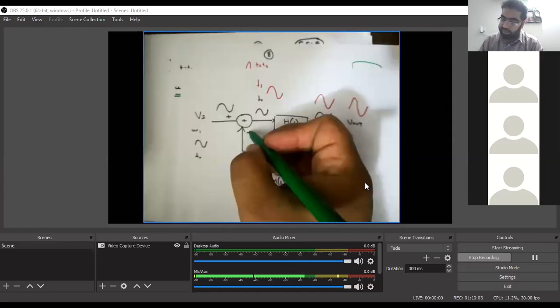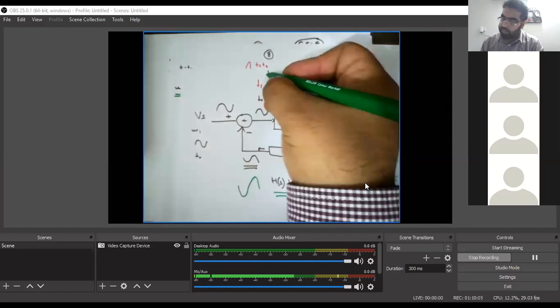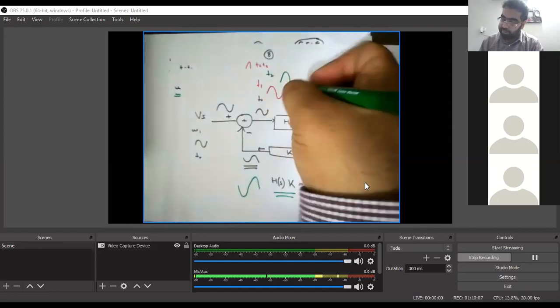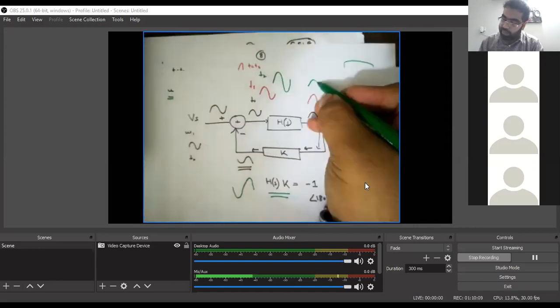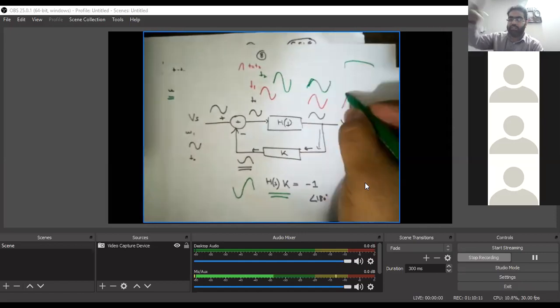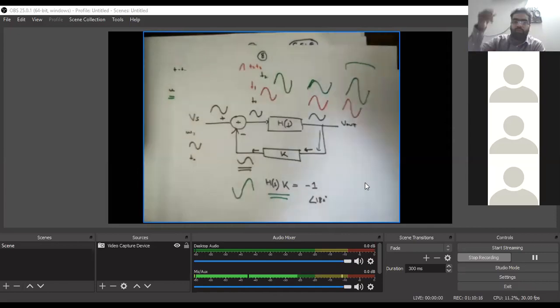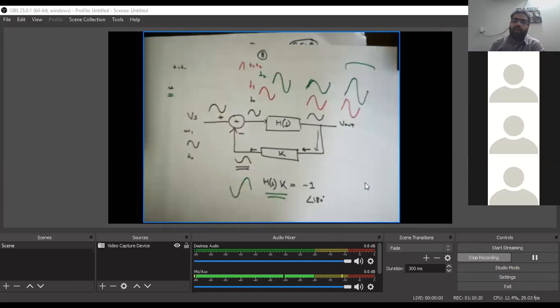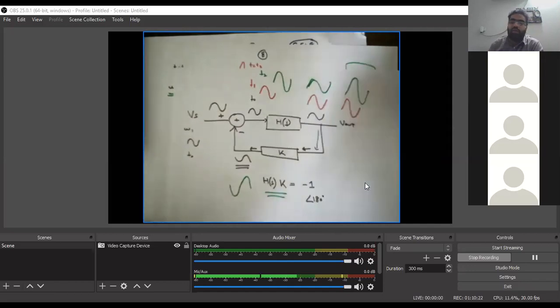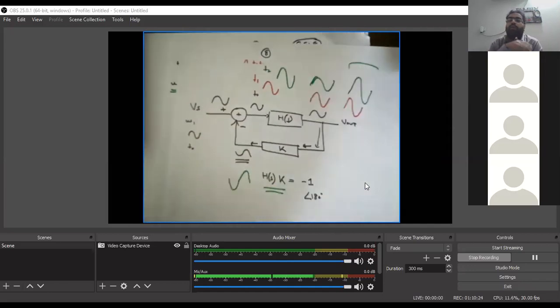The signal at t2 will be bigger, and the bigger signal will reach here as very much amplified. So this will continue. After, let's say, 10 times of t, the signal is going to be very much amplified, and we might not be able to recover that signal, or we might not be able to see it, because by that time the amplifier has already saturated.